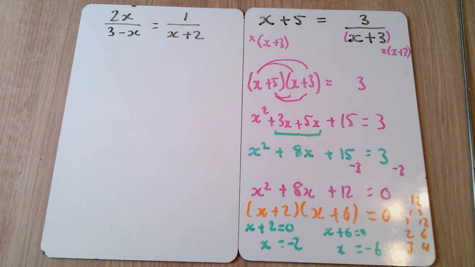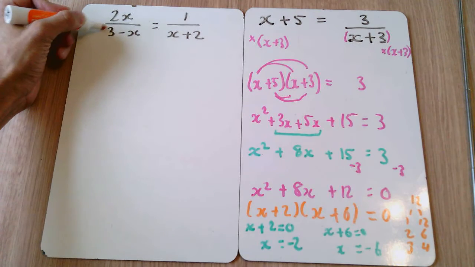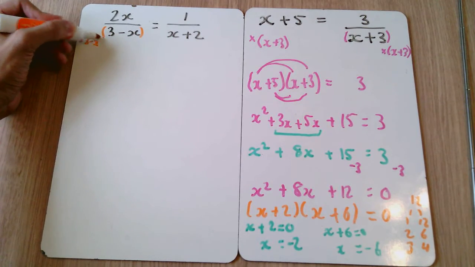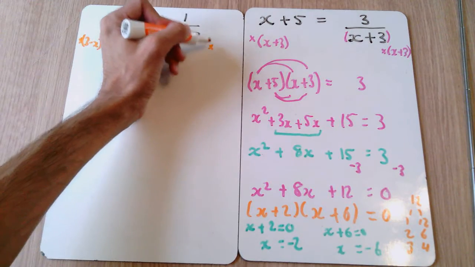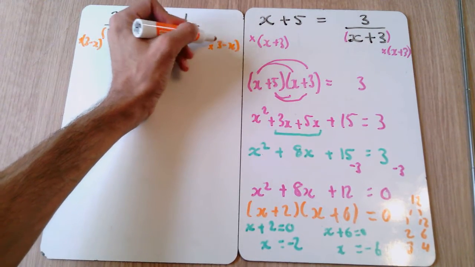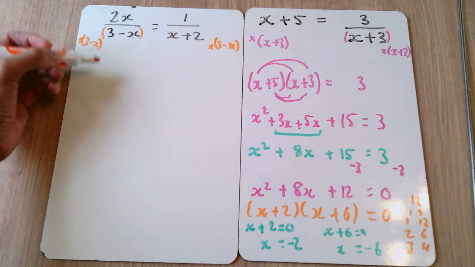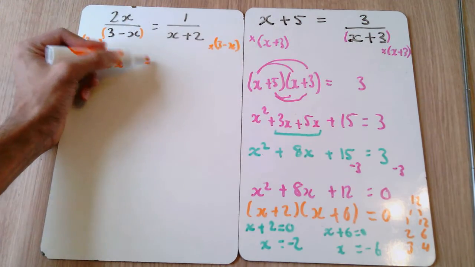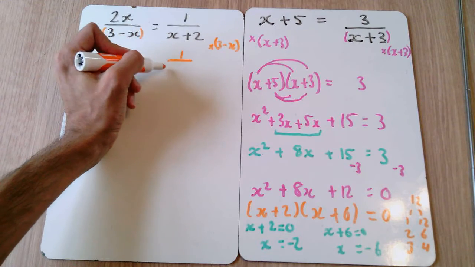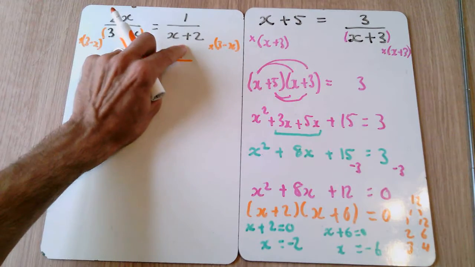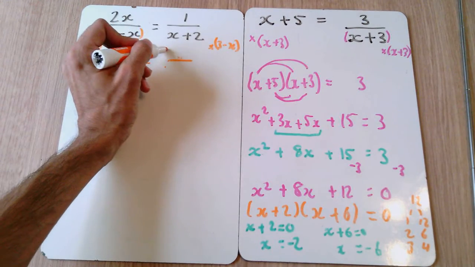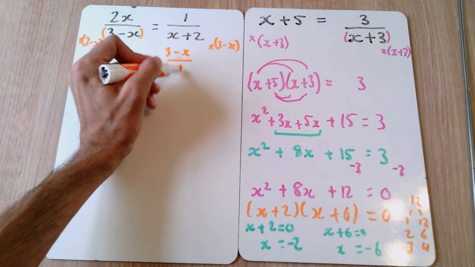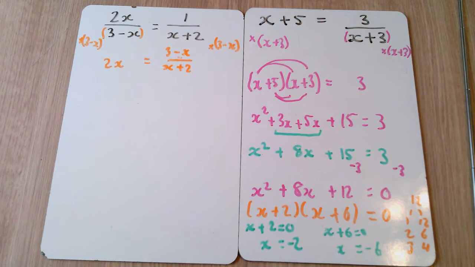So if I multiply both sides by this denominator of 3 minus x, I'm going to get this denominator over here to cancel out. That's going to give me just 2x is equal to, sorry, not 1, because I've multiplied this side by 3 minus x, 3 minus x over x plus 2.